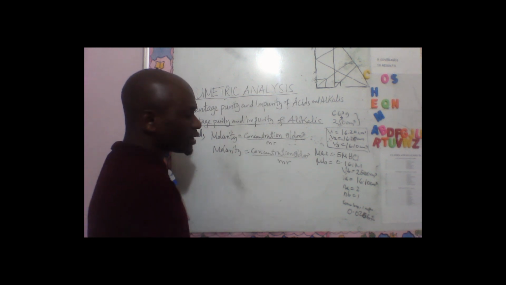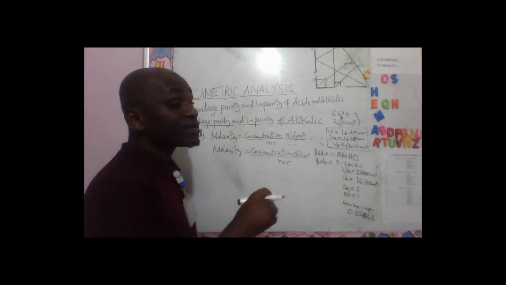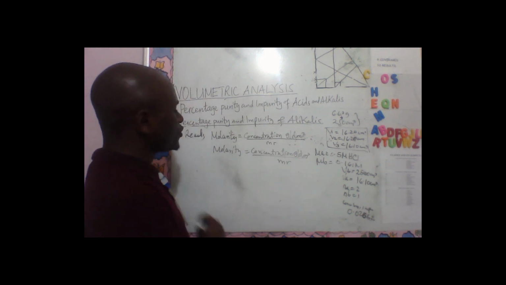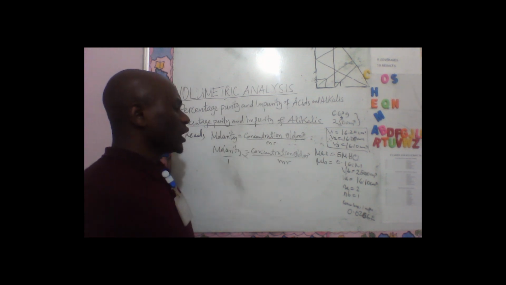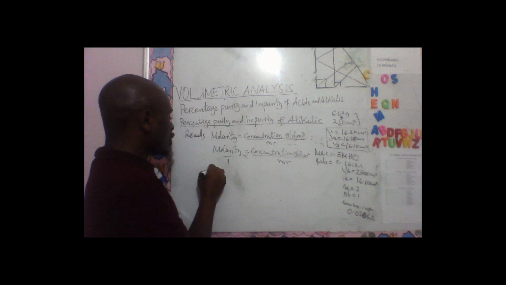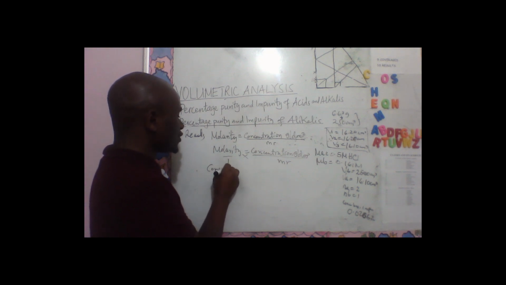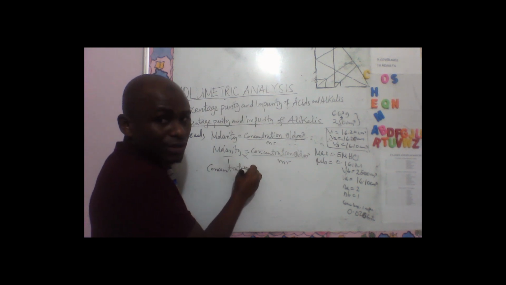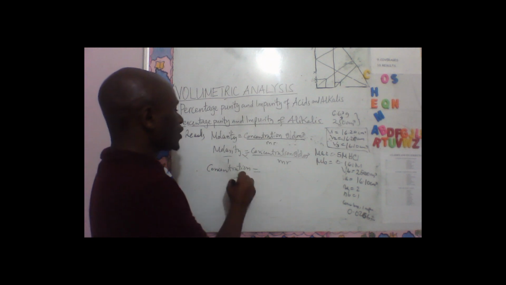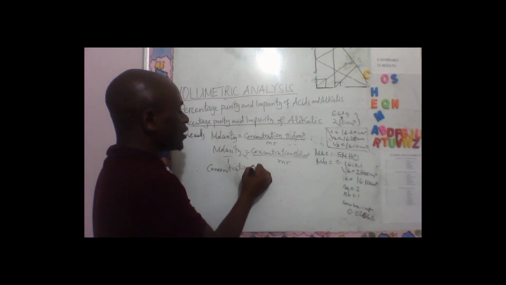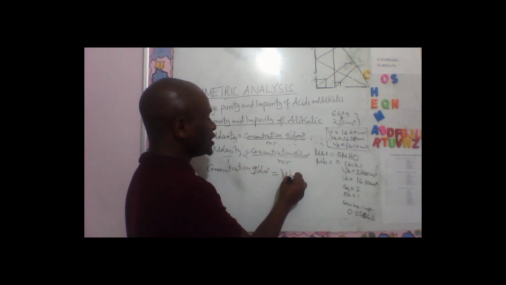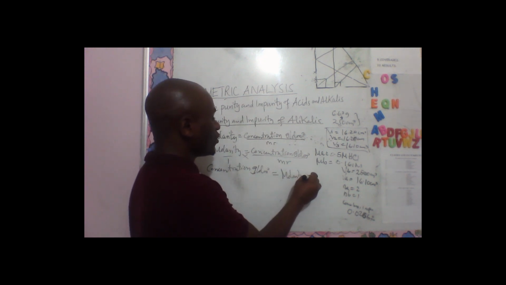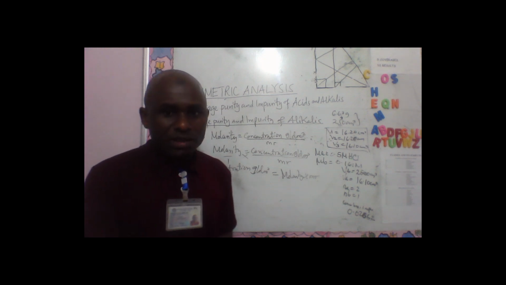If we need to find the concentration, we are supposed to make it the subject. So concentration in gram per decimeter cube is equal to molarity times molar mass.